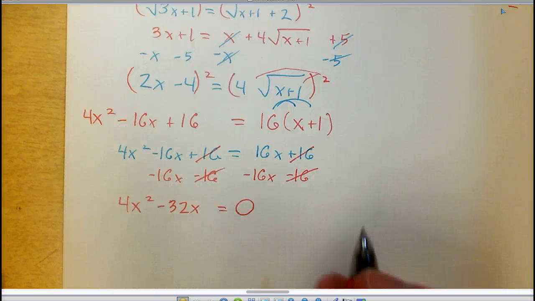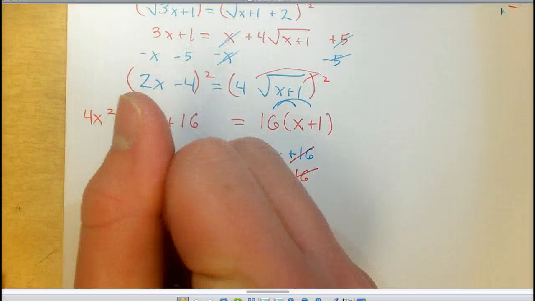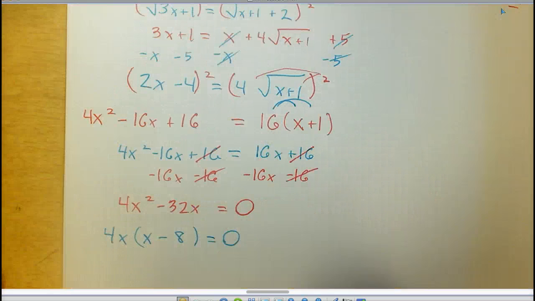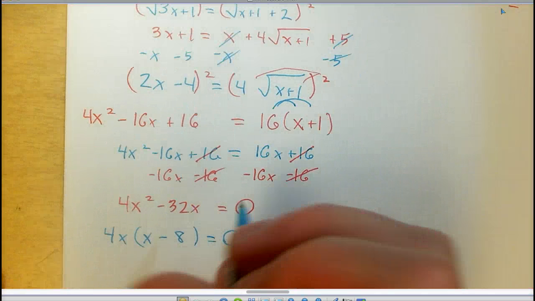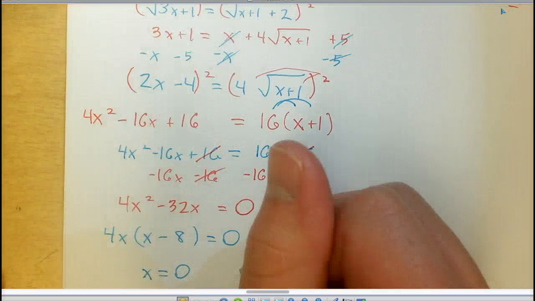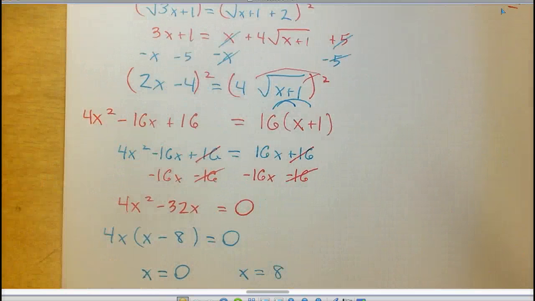I can factor a 4x out of this binomial here, so I get 4x times the quantity x minus 8 equals 0. And now I get two potential answers to this. X is either equal to 0 or x is equal to 8, which I must now go to my calculator and check.